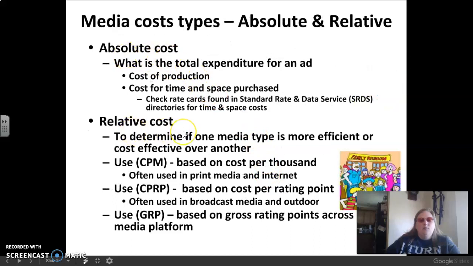Absolute cost versus relative cost. Absolute cost is math. You can get a specific number of how much it is. You can actually see it very easily. Relative cost is a little harder to get, and you have to use different types of math problems to get it. Your cost per thousand, which is CPM, your cost per rating point, which is CPRP, and the GRP, which is your gross rating points.